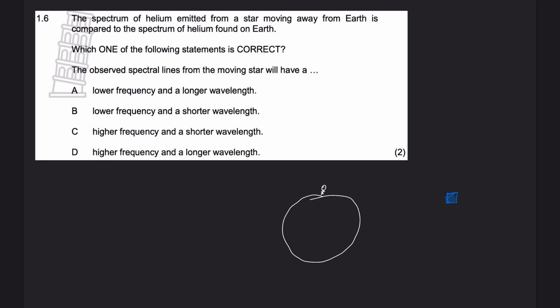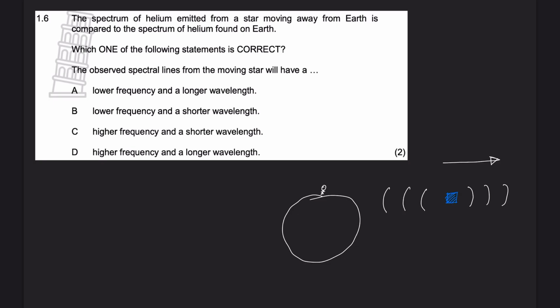Now, if it's moving away from Earth, this helium is going to be emitting radiation. Whatever radiation is being detected, that's the radiation that it's emitting. That radiation is going to be emitted in all directions. We're just going to be focusing on the left and right side.